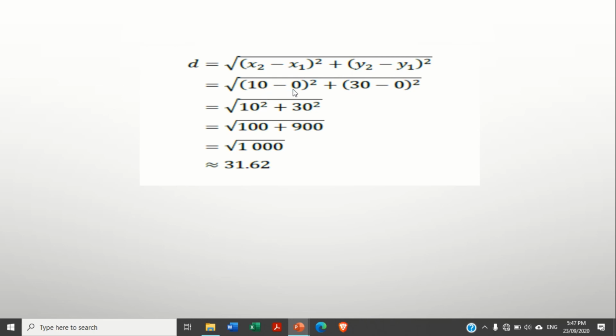So 10 minus 0 is 10, squared, plus 30 minus 0 is 30, squared. 10 squared is 100 and 30 squared is 900. 900 plus 100 is 1000. If we get the square root of 1000, that is approximately 31.62.